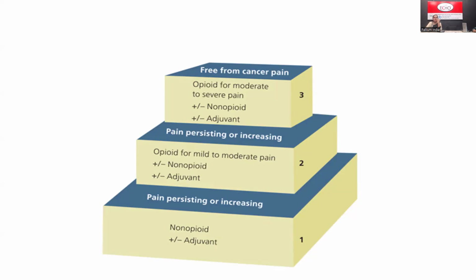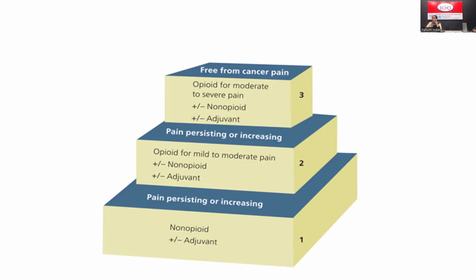And step 3: we are using weak opioids in step 2, and in step 3 we are giving strong opioids. What are examples of weak opioids? Fentanyl. Fentanyl is an example of an opioid, yes, but that's a strong opioid.